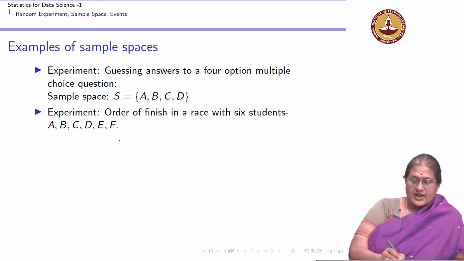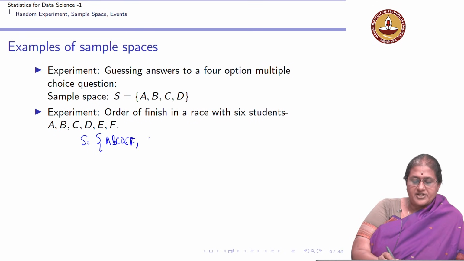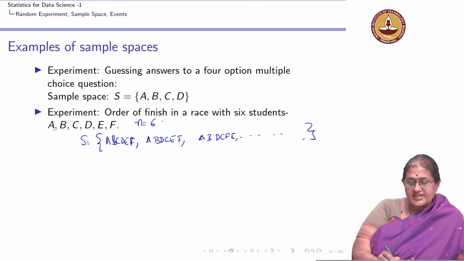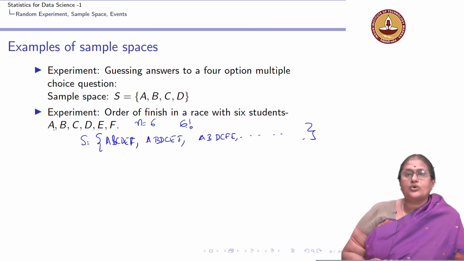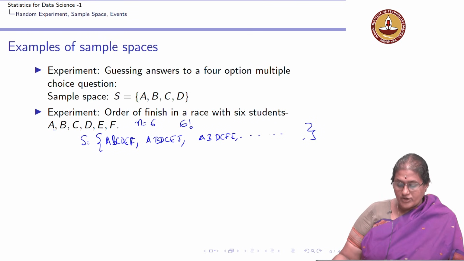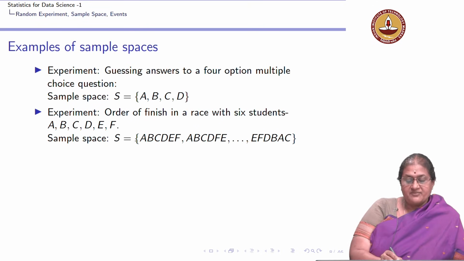For the order of finish, my sample space is going to be A, B, C, D, E, F, which is one order of finish. A, B, D, C, E, F is another order of finish, and so forth, all possible, and I know my n equals 6 here. So, I have 6 factorial permutations which are possible. My sample space is going to have a total of 6 factorial elements, which I can represent as A, B, C, D, E, F and dots.